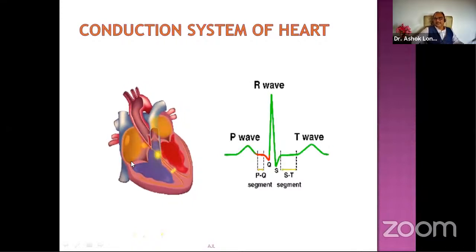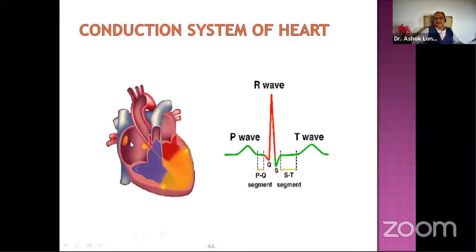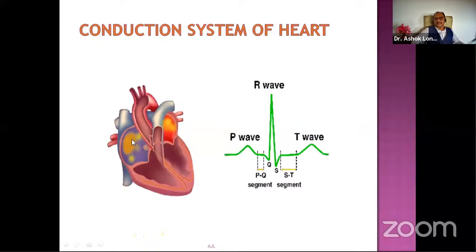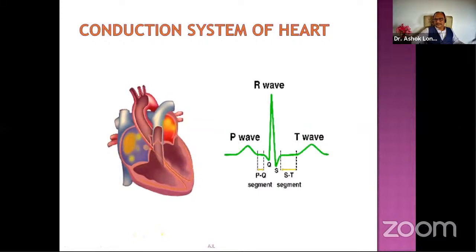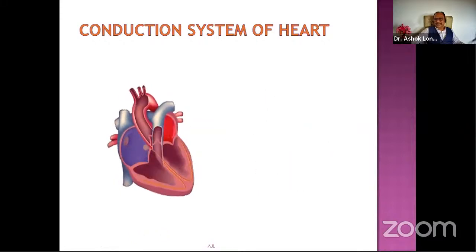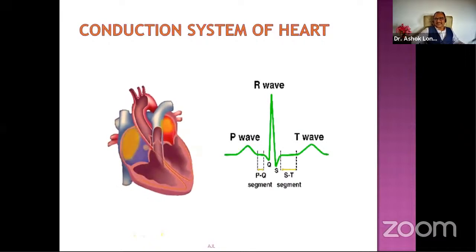So here the colors and the waves are shown. Now this P wave starts with the first ignition, we can say, or the first current that takes place in the sinoatrial node.